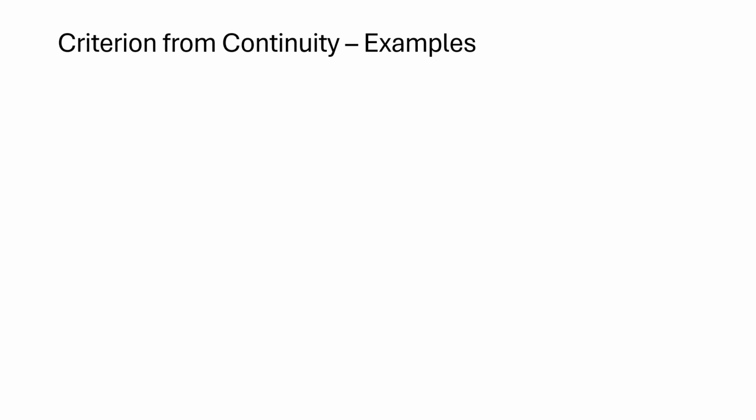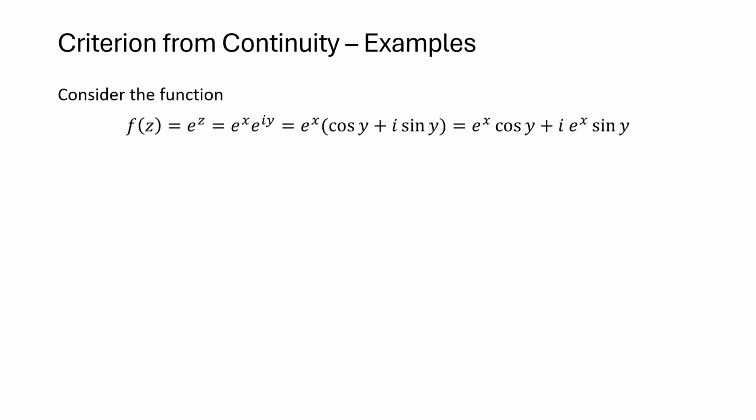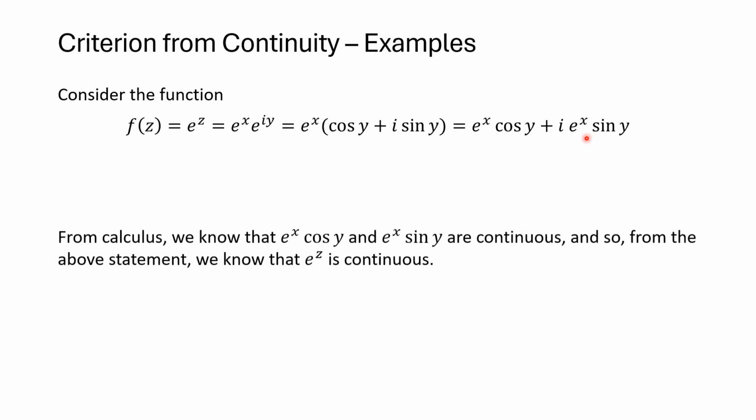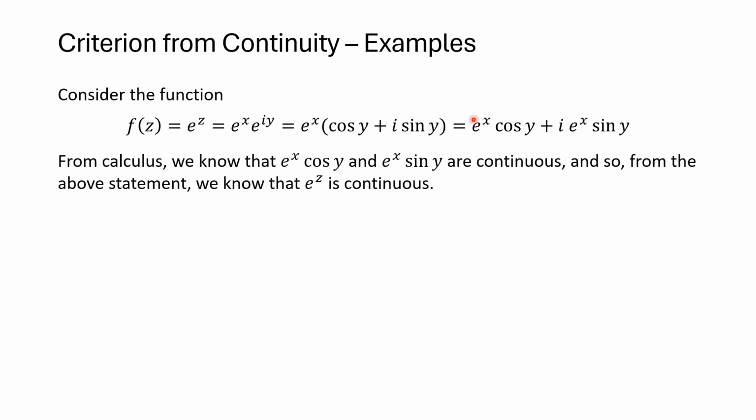Okay, we have a few examples of the theorem I mentioned in the previous slide. First example, we have f of z equals e to the z, and we can break that into e to the x times e to the iy. Using Euler's formula, we have this expression and we multiply it out. And we have this real part here, which we know to be continuous from basic calculus.